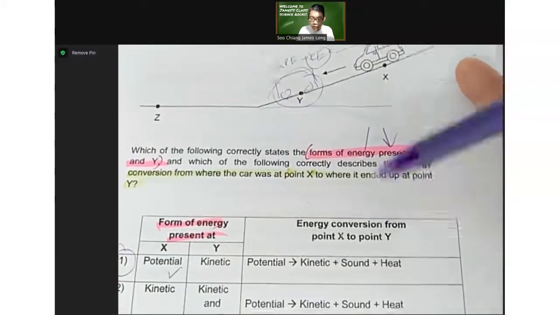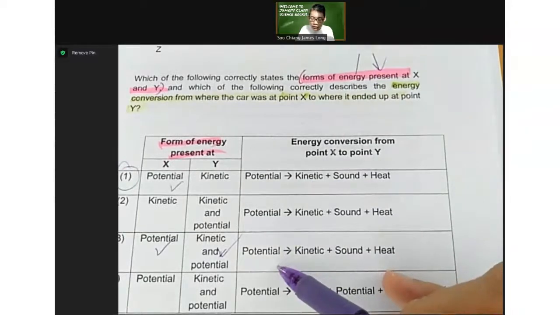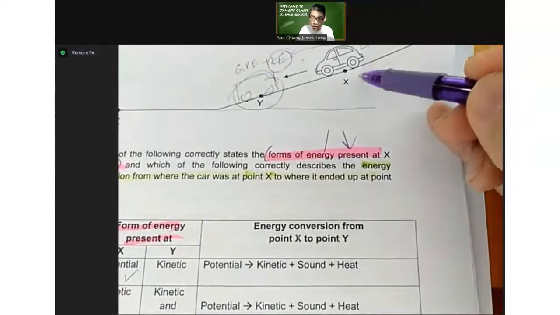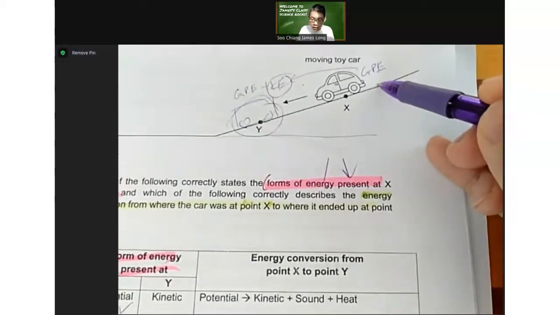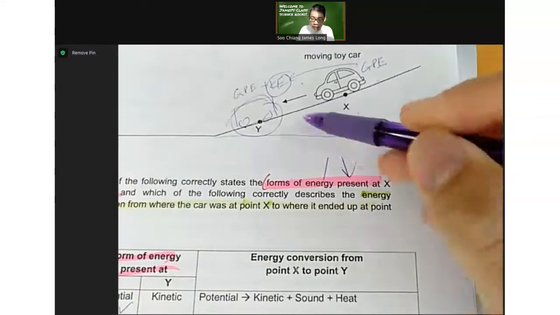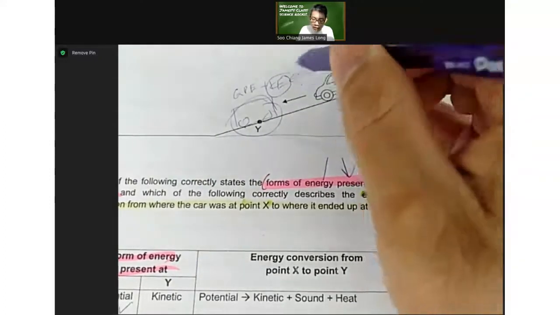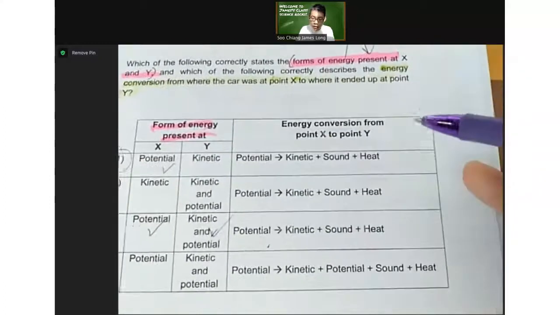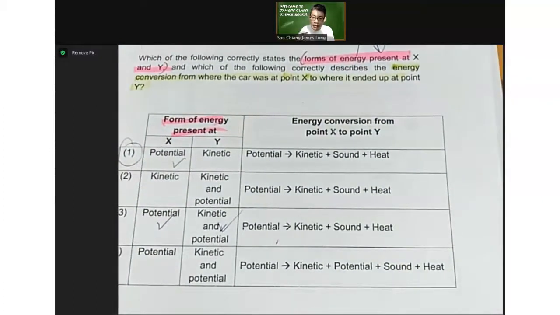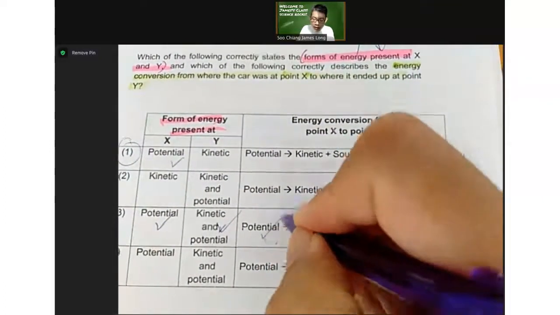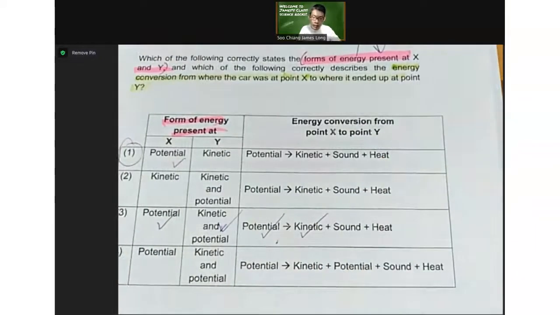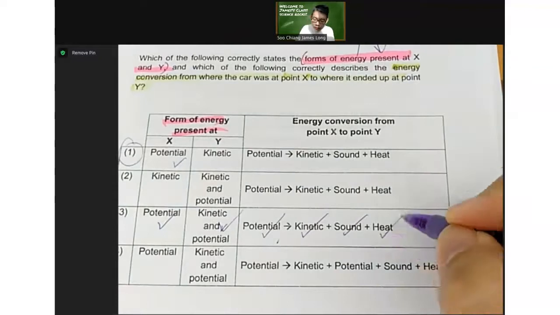Okay? So let's double check. So energy conversion from point X is here, GPE, comes to point Y, here is KE. Just these two. Of course, this will be the main form of conversion, potential to kinetic, and there'll be other minor conversion along the way, like the sound when the wheels are rolling on the ramp, as well as the heat generated when the two surfaces are in contact.